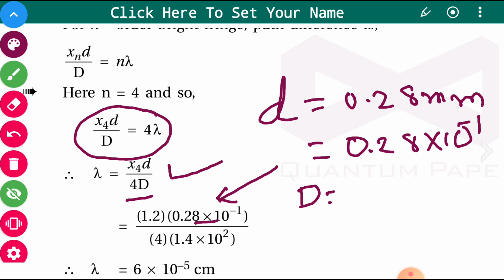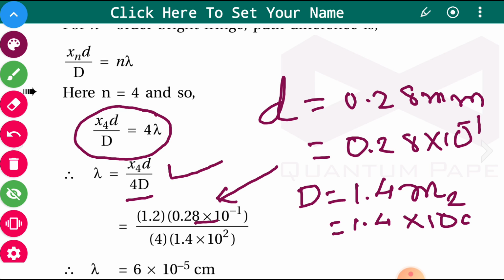Capital D is 1.4 meter; to convert it into centimeter, 1.4 into 10 raised to 2. x4 is already given in centimeter, that is 1.2 centimeter.